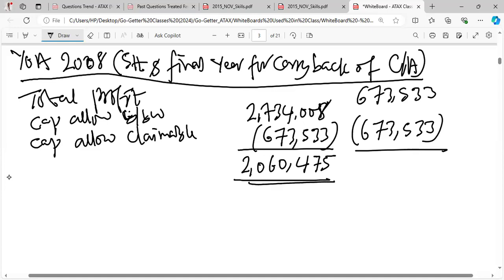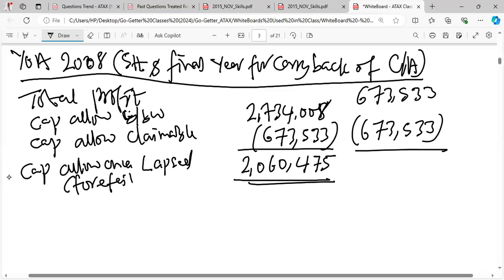What do we call this? Capital allowance lapsed, open a bracket, forfeited. So this is the amount of capital allowance you are forfeiting.